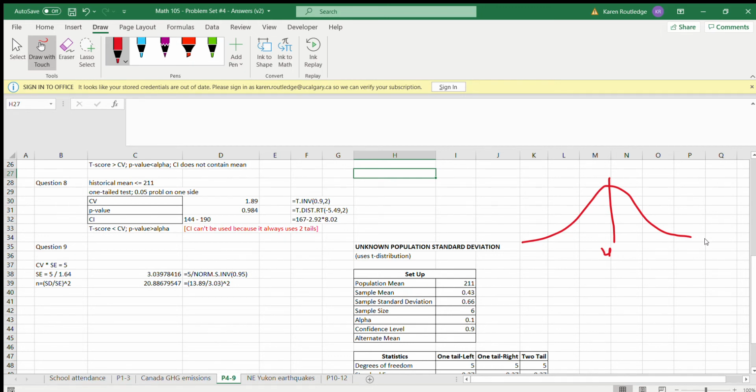So again, here we have our distribution. This is still the distribution of sample means, and we have our population mean down the middle. The first thing that we need to do is come up with our null hypothesis. And this was your choice. In my case, I was interested in a right-tailed test.